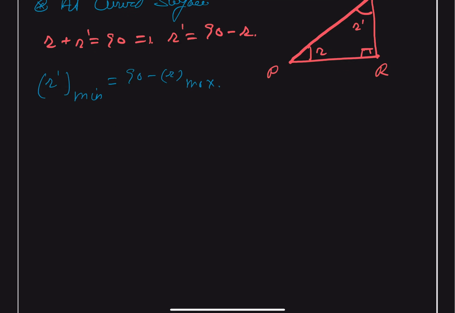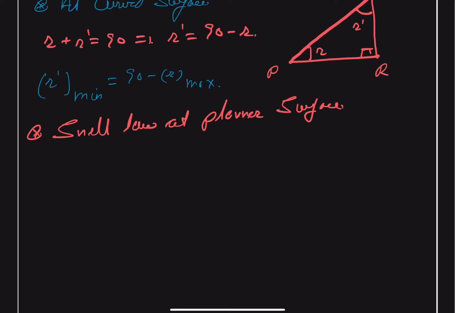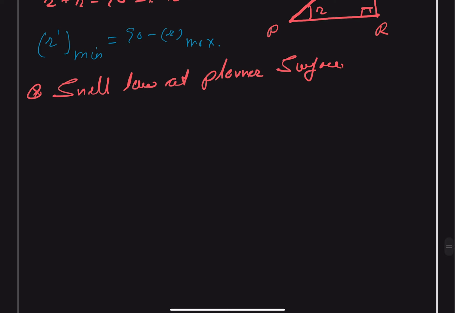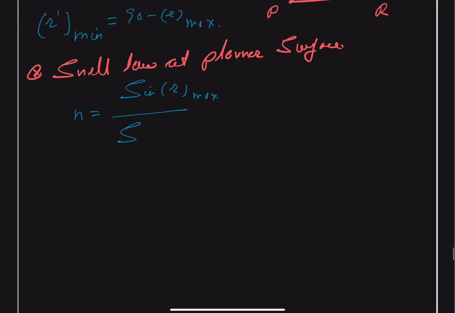And we can use Snell's law at the planar surface, and the refractive index n is equal to sine of i over sine of r, where sine of r should be maximum, and accordingly sine of i should also be maximum.